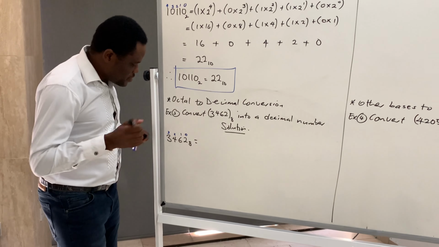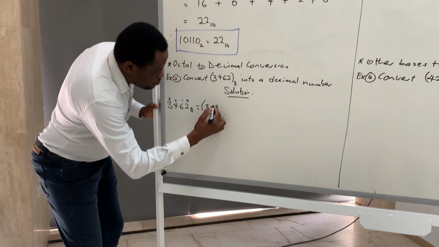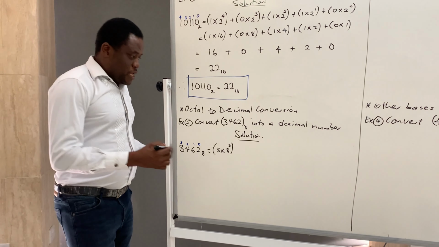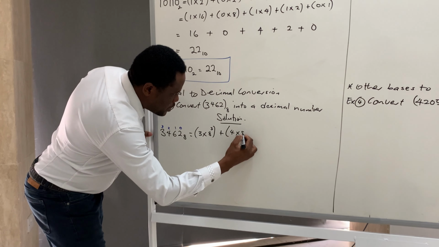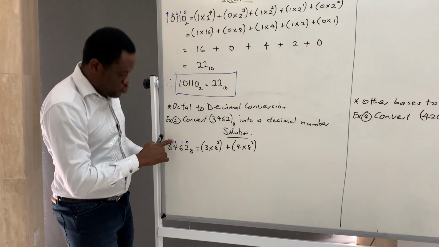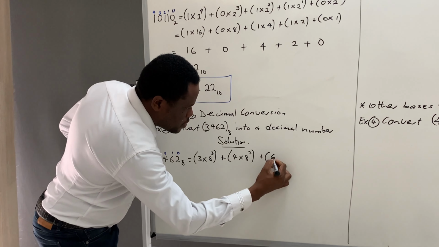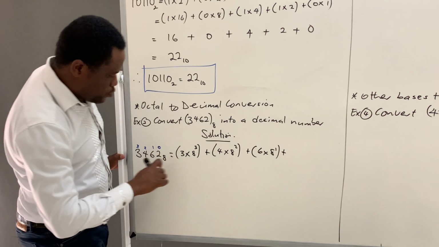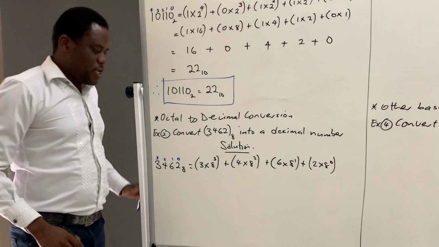So start picking. The first one is 3 times the base to the power of 3. Second one is 4 times 8 to the power of 2. The next one is 6 times 8 to the power of 1. And the last one is 2 times 8 to the power of 0.